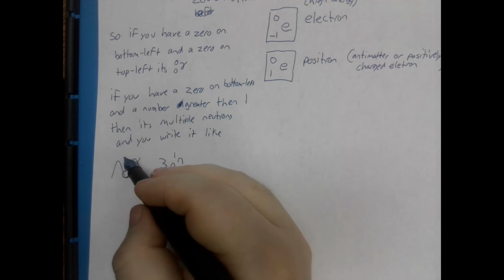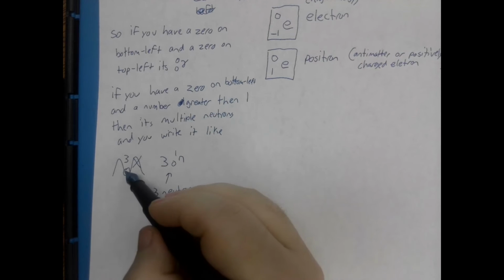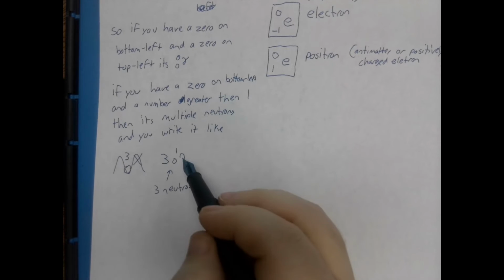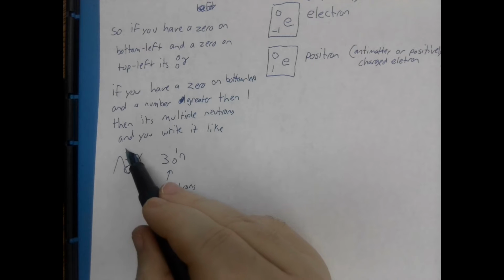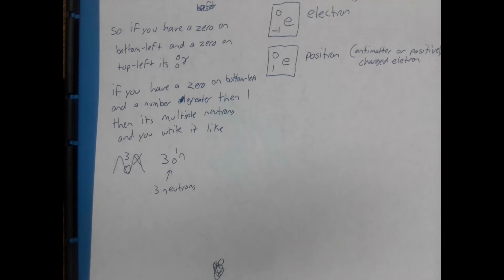So if you wind up with a 3 and a 0, you know that since it has a mass, it can't be gamma. That means it must be neutrons, and since the top number is 3, it just indicates that you have 3 neutrons.